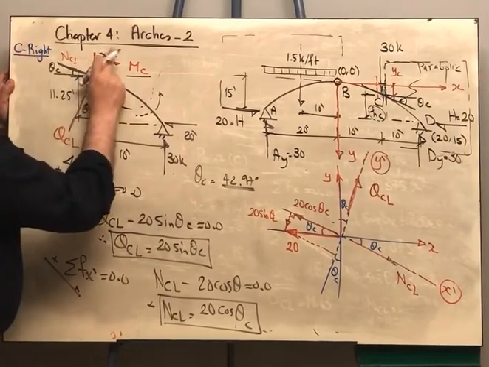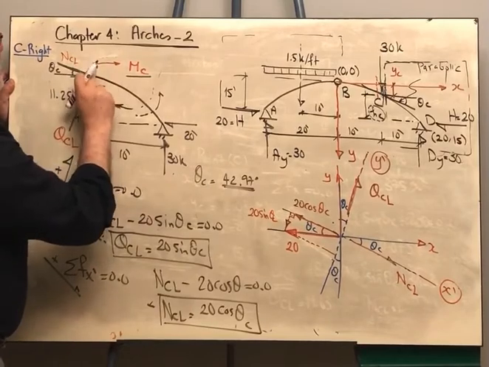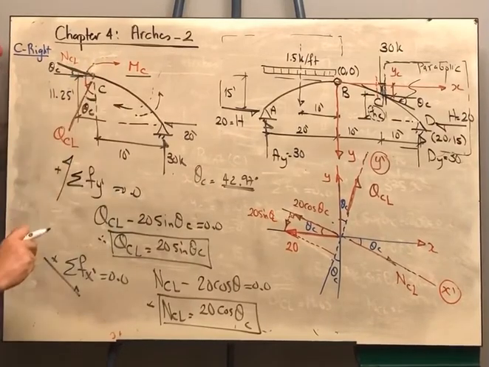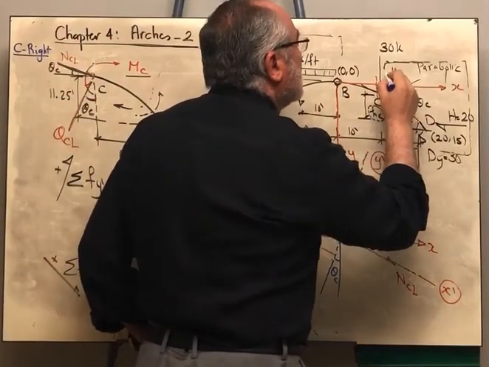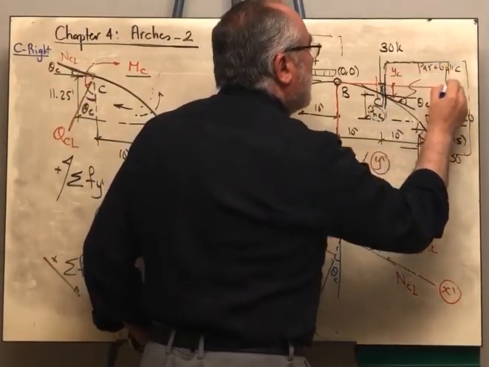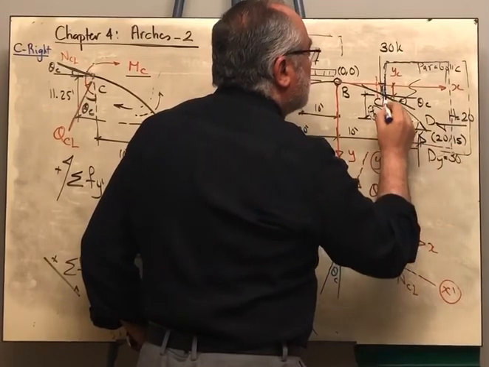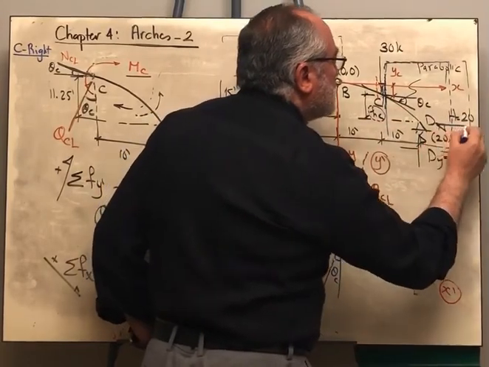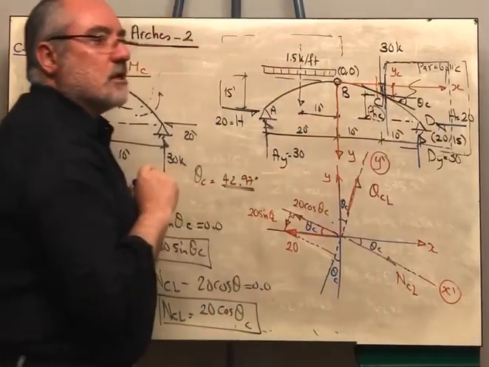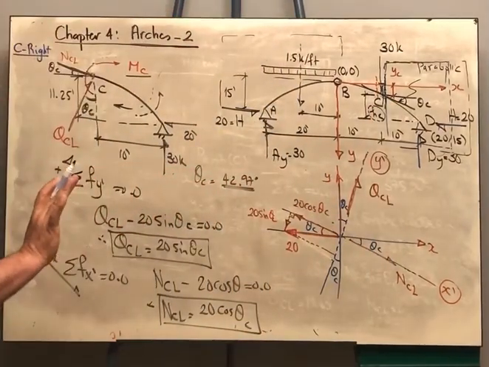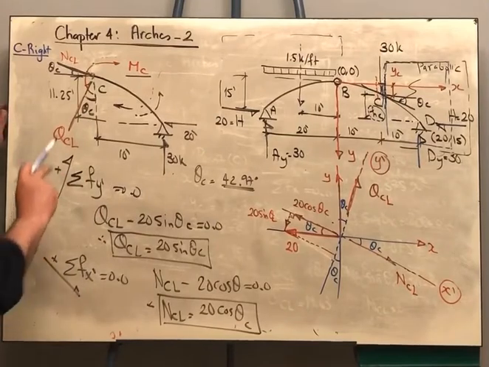Point C right, the 30 kips force is not there. Why again is it not there? Because when you are cutting a section like this and you are taking this part, the forces that will be included are the horizontal reaction and the vertical reaction and the internal forces at point C, the normal force and the shear. The 30 kips force is not there.